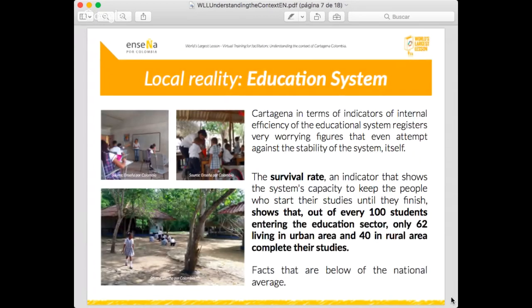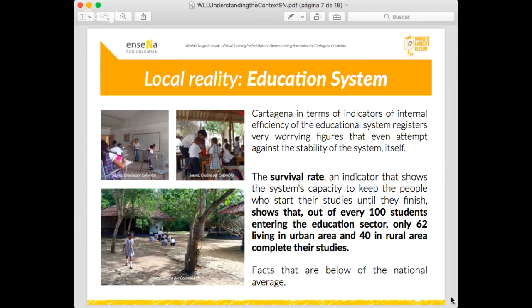Then we have the local realities. The survival rate is an indicator that shows the system's capacity to keep people who start their studies until they finish. It shows that out of 100 students, only 62 in the urban area and 40 in the rural area finish.